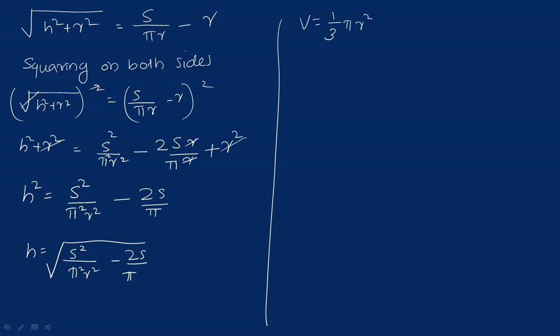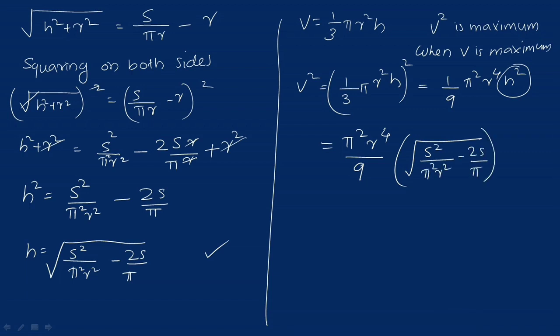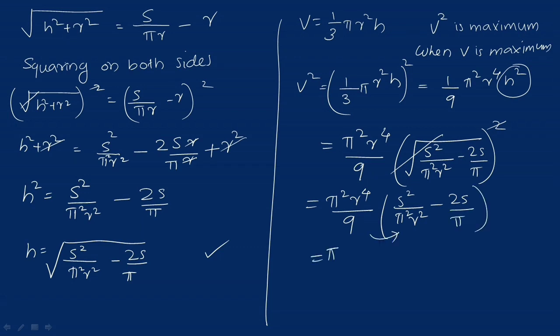So V square is maximum when V is maximum. What is V square? That is (1 by 3 pi r square h) whole square, that is 1 by 9 pi square r raised to 4 h square. Instead of h square we substitute the equation for h, so pi square r raised to 4 by 9 into (S square by pi square r square minus 2S by pi).